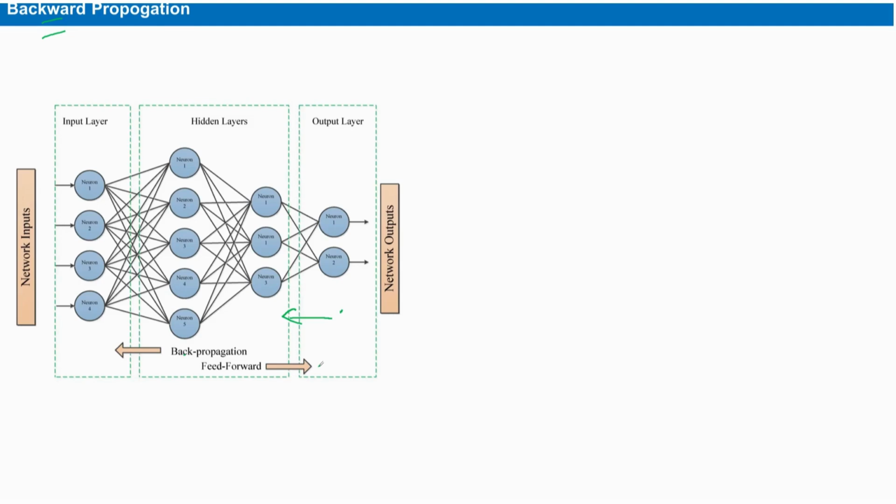So the first step inside backward propagation, as I said, is that we must know the output activations. So first we need to compute the forward propagation. Once you compute the forward propagation, you will get the activations of all the neurons in the output layer.